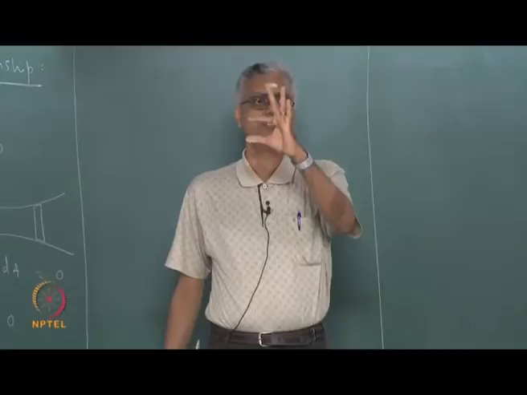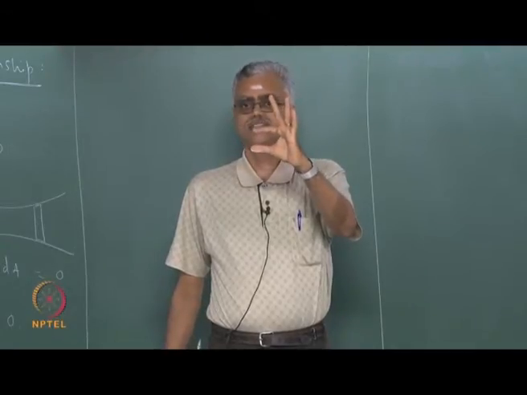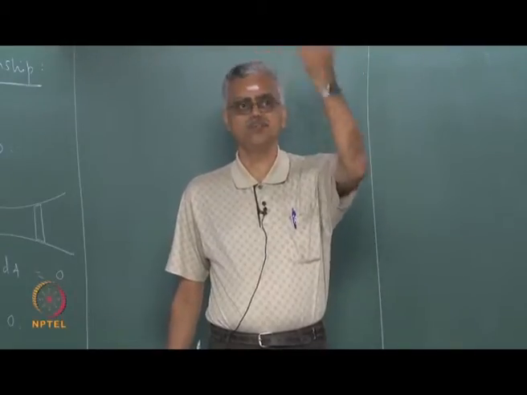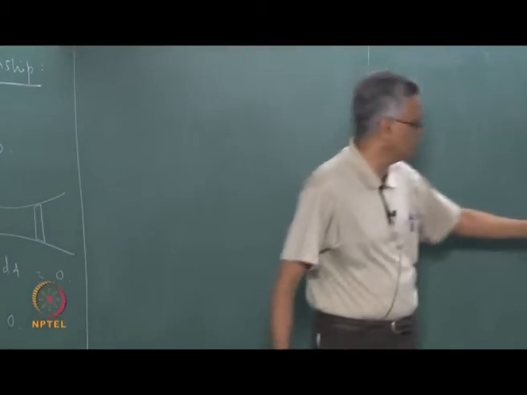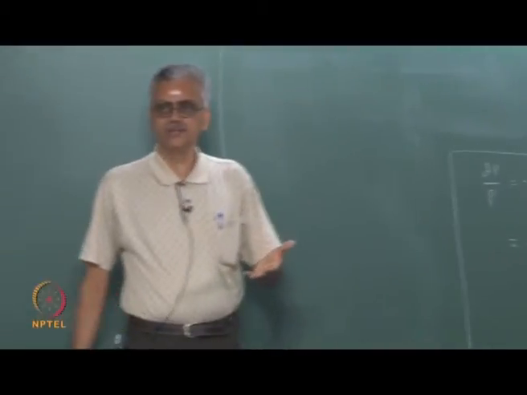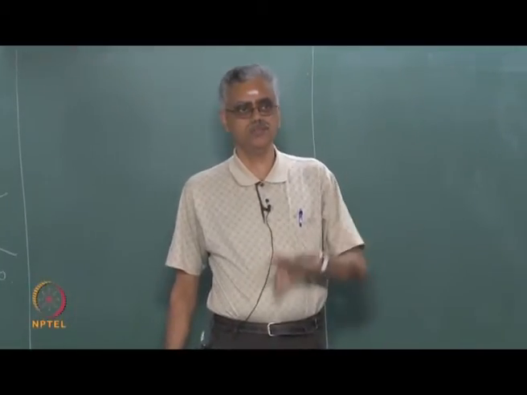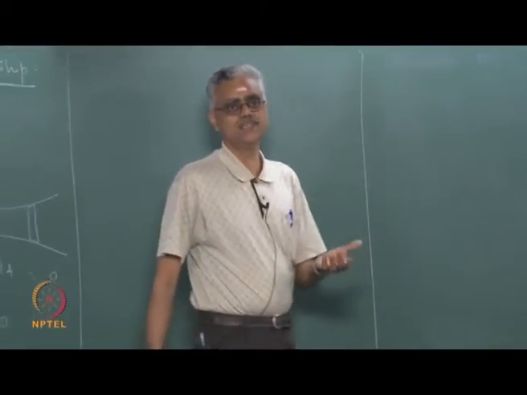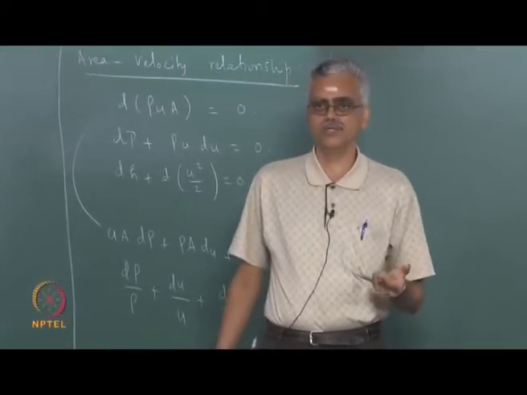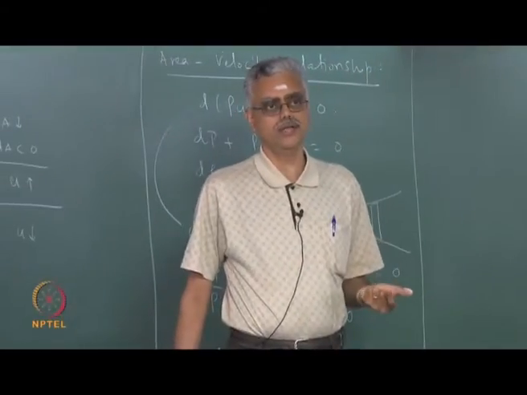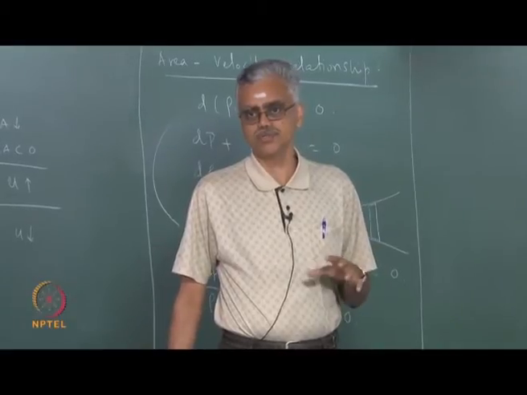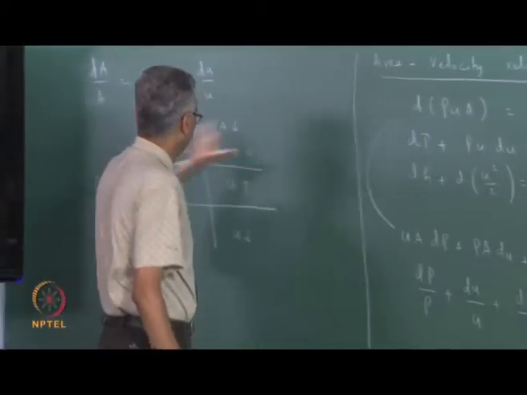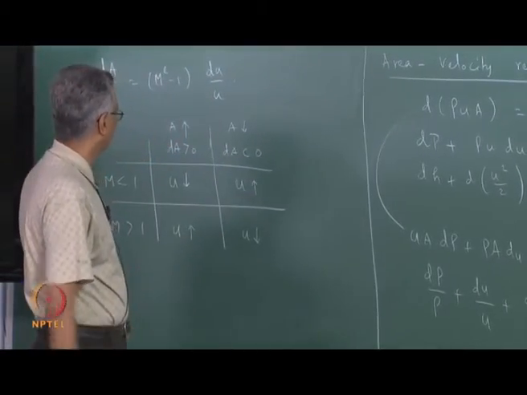So, the same change in du results in larger change in density if the flow is supersonic and smaller change in density if the flow is subsonic, and that is what is causing the flow to behave differently, exactly opposite, depending upon whether it is subsonic or supersonic. Okay. So, change in density for a given change in velocity is much more when the flow is moving at supersonic speed and much less when it is moving at subsonic speeds. So, that is an extremely important conclusion that comes out of this equation.